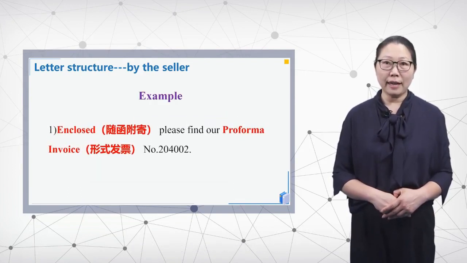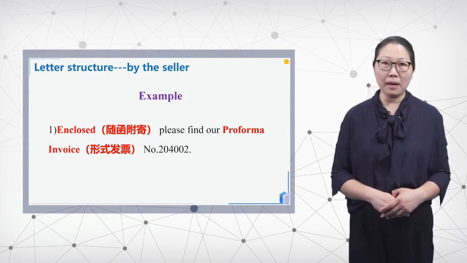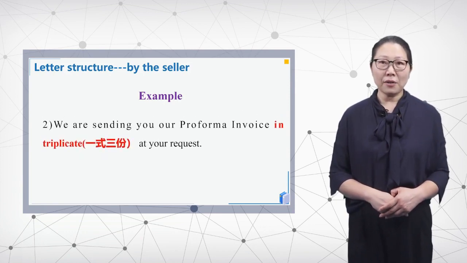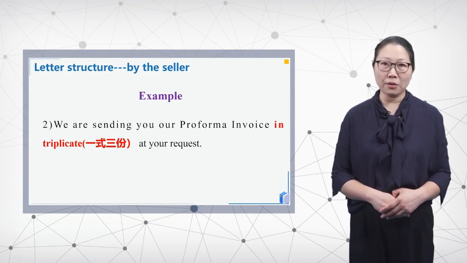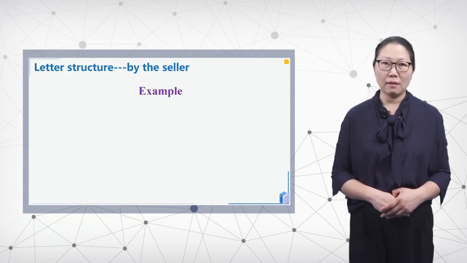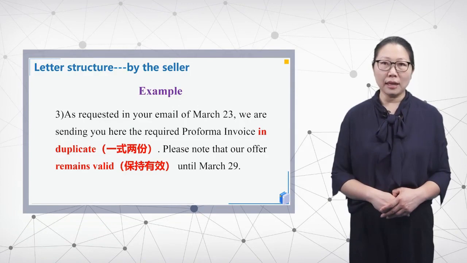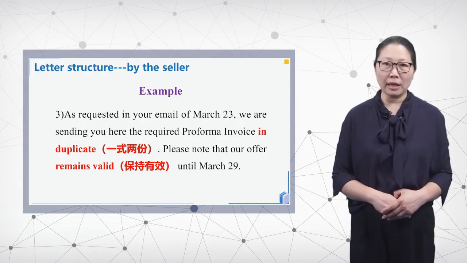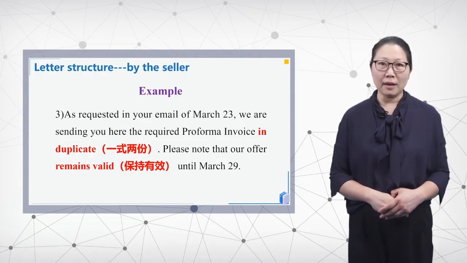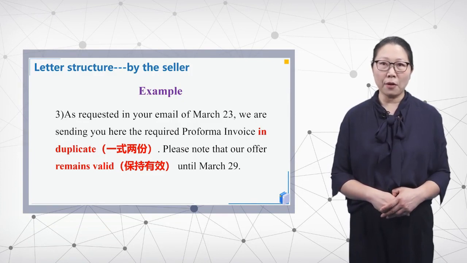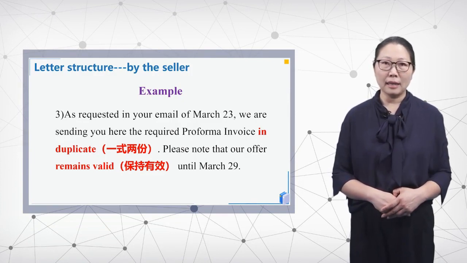Enclosed, please find our pro forma invoice number 204002. We are sending you our pro forma invoice in triplicate at your request. As requested in your email of March 23, we are sending you here the required pro forma invoice in duplicate.